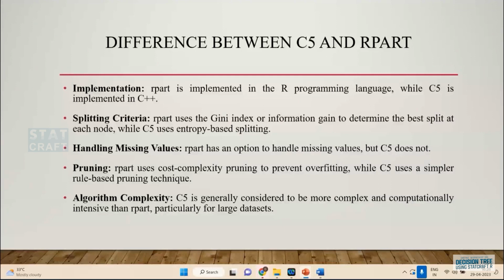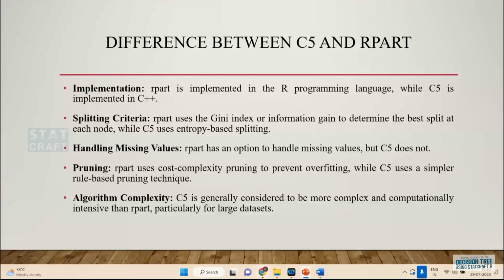The basic difference between these algorithms is how they detect impurity; different algorithms use different impurity measures. RPART has an option to handle missing values, but C5 does not. RPART uses cost complexity pruning to prevent overfitting, while C5 uses a simpler rule-based pruning technique. C5 is generally considered more complex and computationally intensive than RPART, particularly for large data sets.